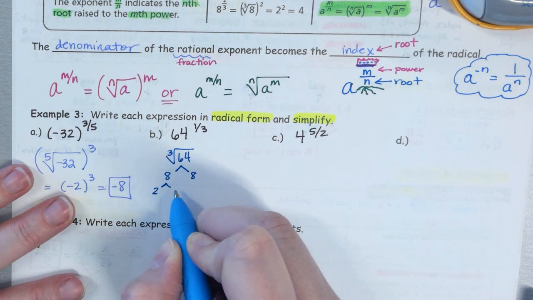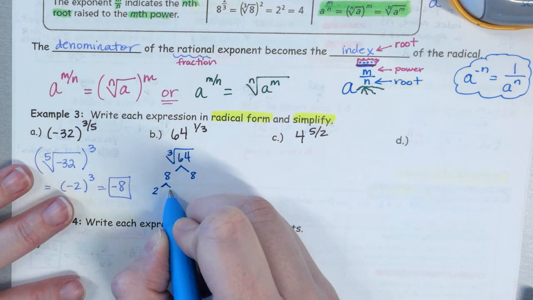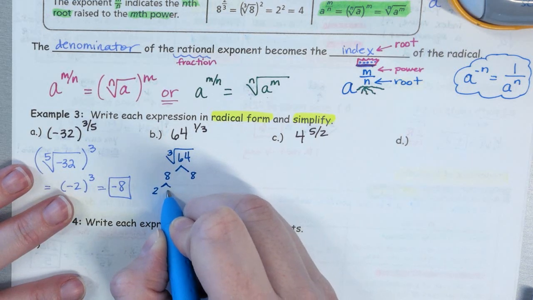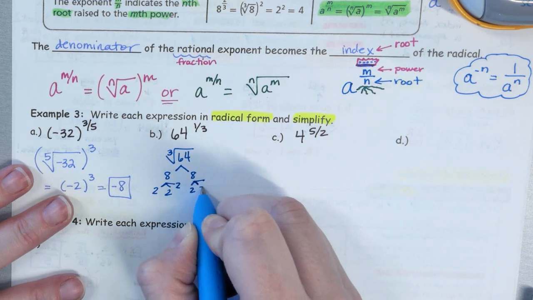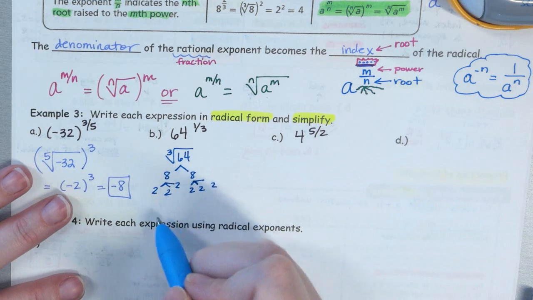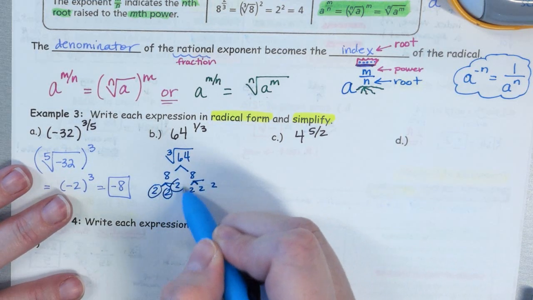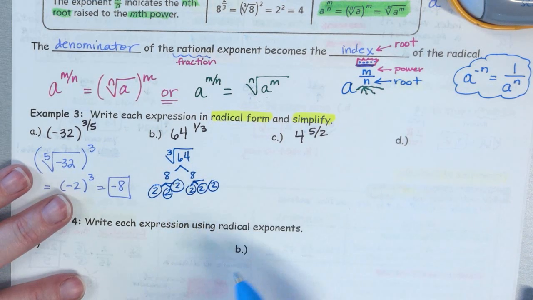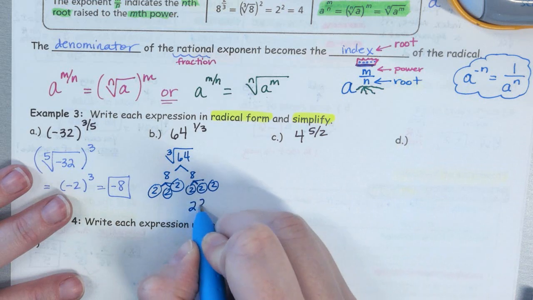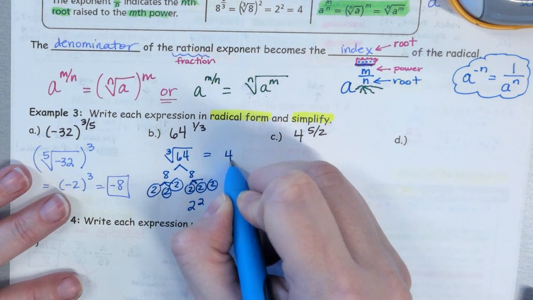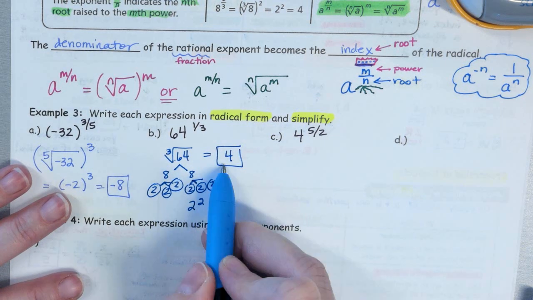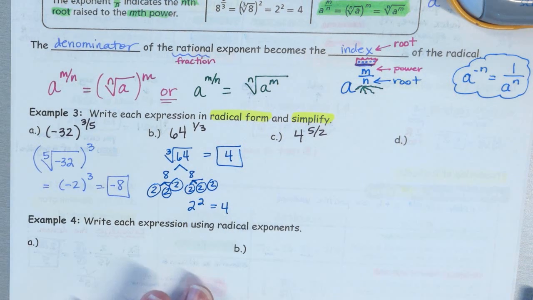Let's do the factor tree. So this would be 2 times 4. Or really, you know that 8 is 2 times 2 times 2, right? So you need 3 to come out. So how many pairs of 2 come out? 2 pairs of 2, so it's going to be 4. So radical form equals 4.